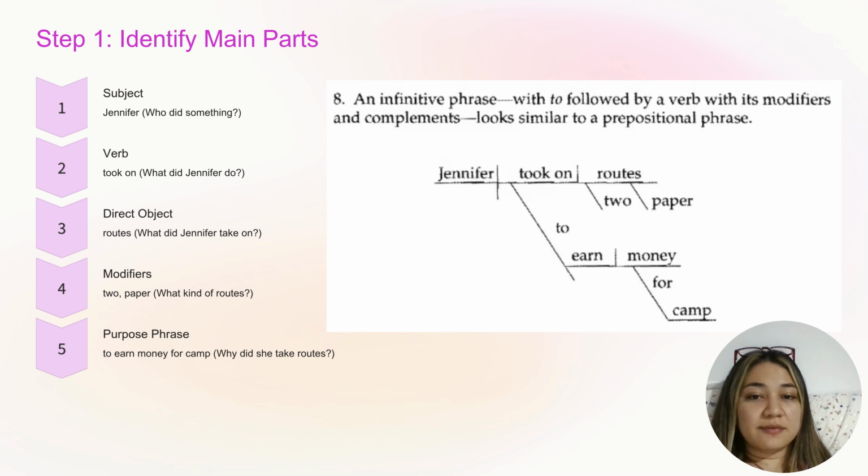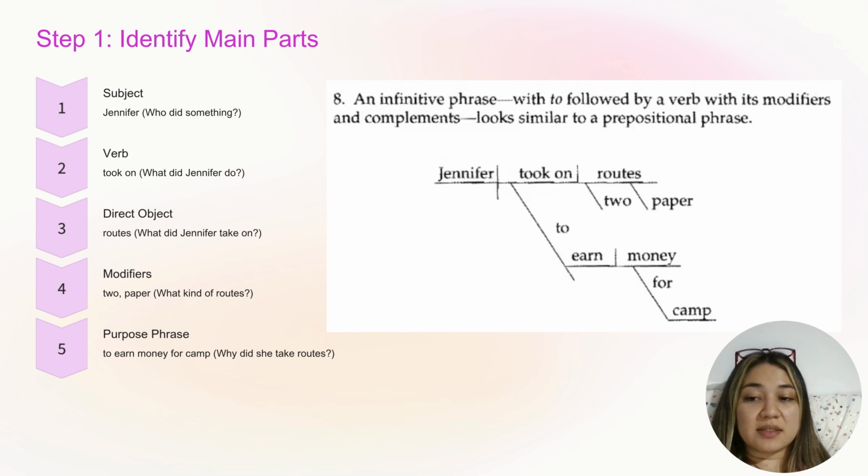The verb is took. Jennifer took. So we are going to write a horizontal line with a vertical line between Jennifer and took, right? The subject, between verb, and between the object.